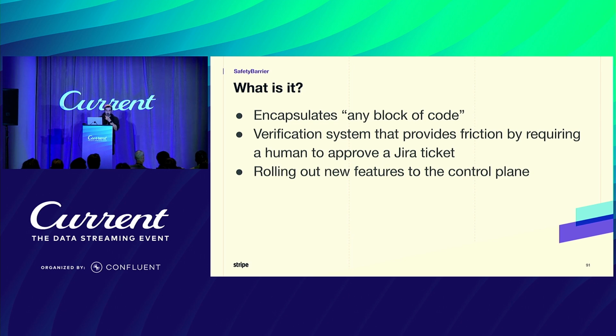We use this for a couple of things. One is when you're rolling out new features to the control plane. For example, we had a lot of problems with rebalances. I guess we still do, where we'll rebalance a cluster and all of a sudden some of our users will see increased latency. So when we were trying to automate rebalances, it was nice to have this Jira ticket that would spin up and prevent the rebalance from being applied automatically.